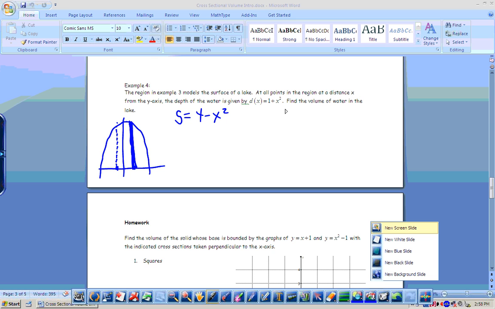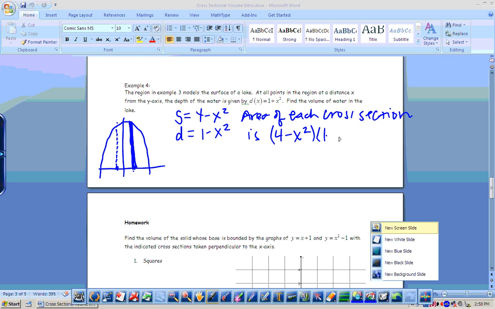So these cross sections going down to the bottom of the lake have a length of 4 minus x squared and then a depth of 1 minus x squared. So the area of each cross section is 4 minus x squared times 1 minus x squared.